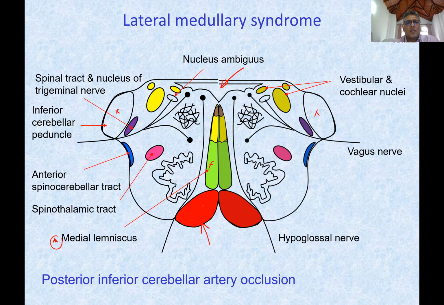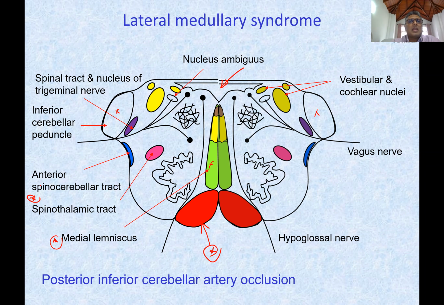Vibration, position sense, fine touch, those things are carried in that. And this, as I said, is the pyramidal tracts. Then here you see spinothalamic tracts. Spinothalamic tracts means pain, temperature, pressure, crude touch, those things.